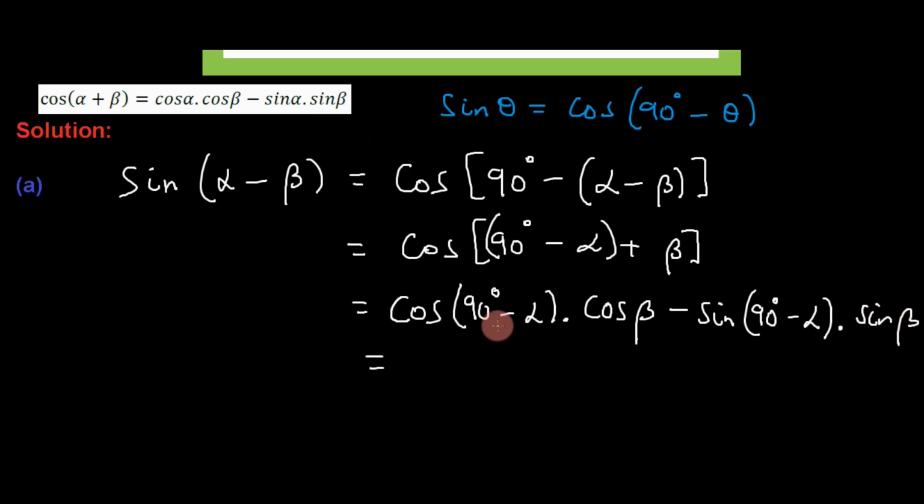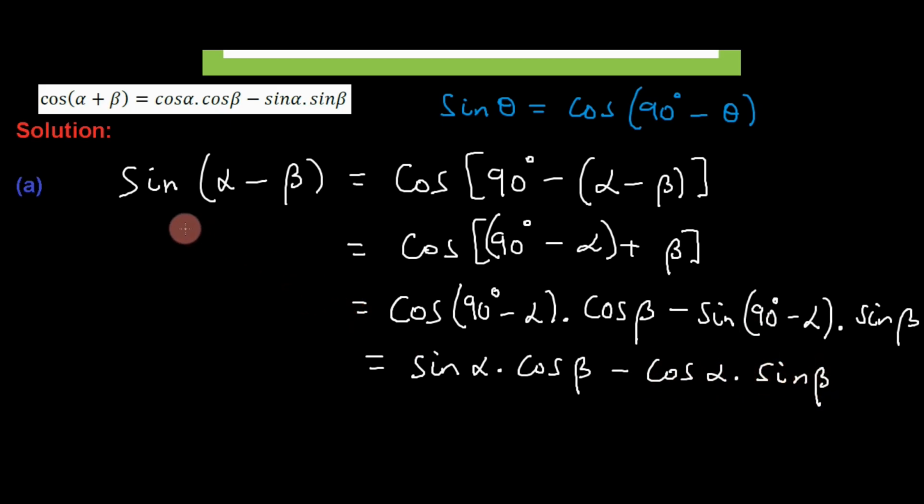Then using co-ratios again, we know that the cos of 90 degrees minus alpha is a sine of alpha, and the sine of 90 degrees minus alpha is a cos of alpha. So now we have derived an expansion for the sine of alpha minus beta by using the cos expansion for alpha plus beta.